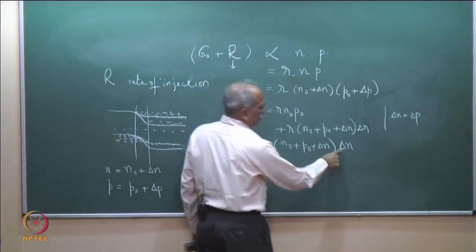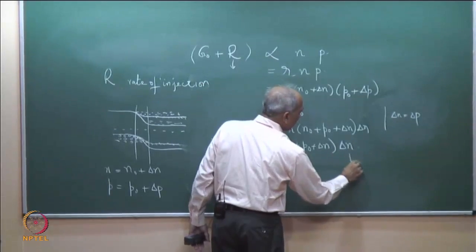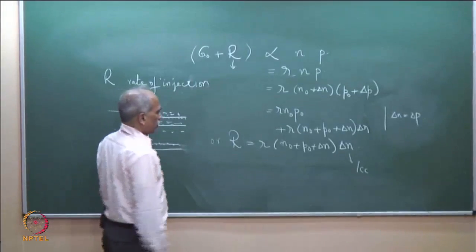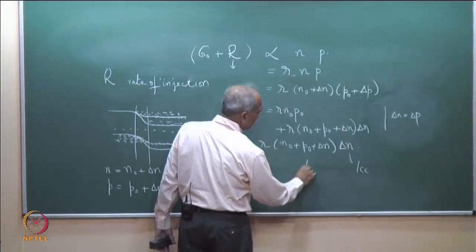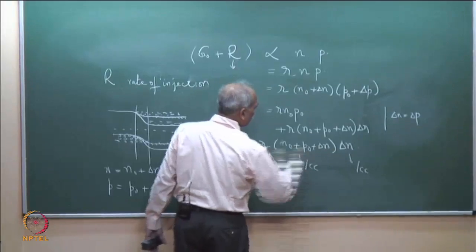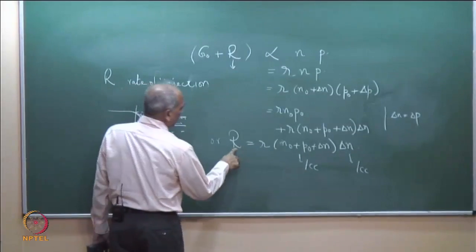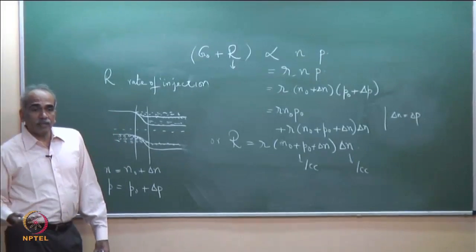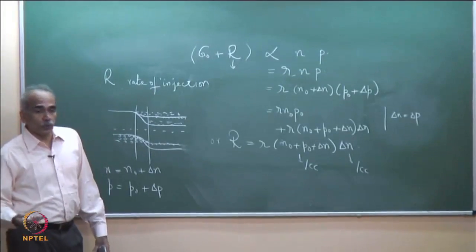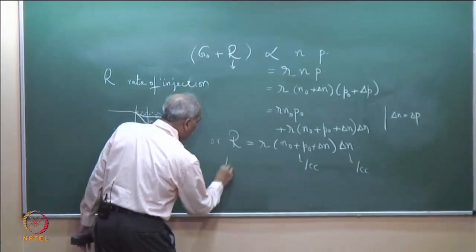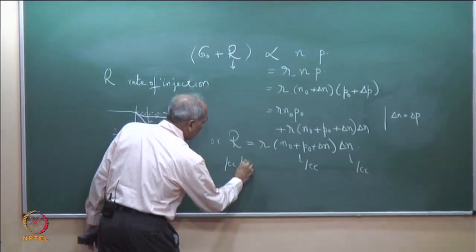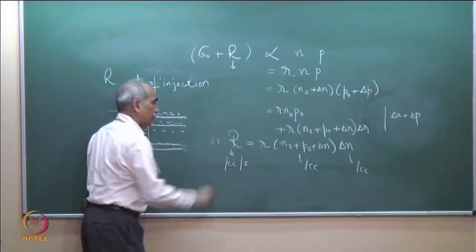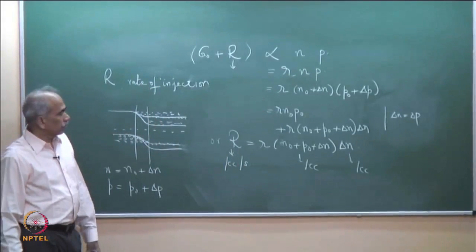Carrier concentration, which means the unit here is per cc or meter cube. This is also per cc, this whole term in the bracket. Rate of injection is number of carriers injected per unit time per unit volume. So, this is number per cc per second, the rate of injection here.